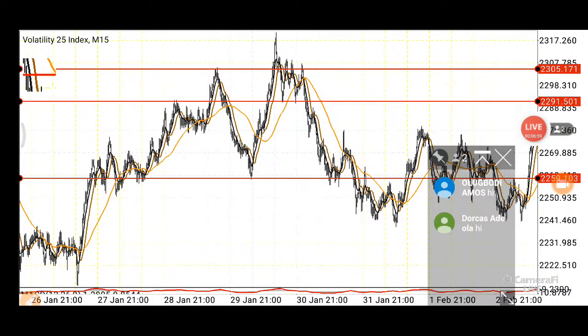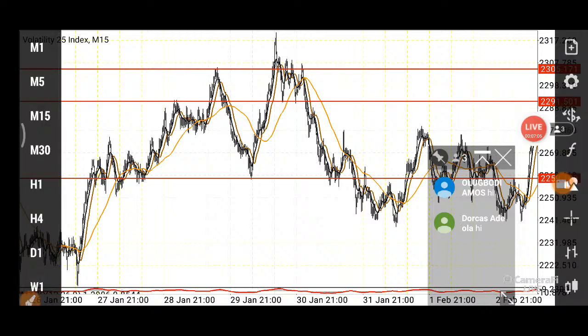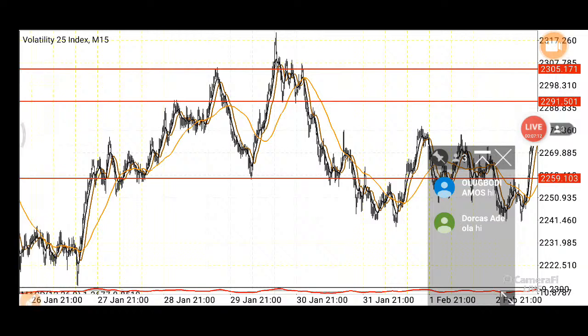Please note that this is for scalping strategy. And if you say you are scalping, try to be disciplined. Be a disciplined trader. If you are scalping, don't turn your scalping into a long-term trade.